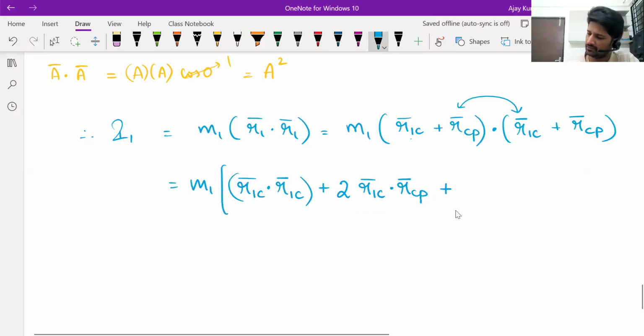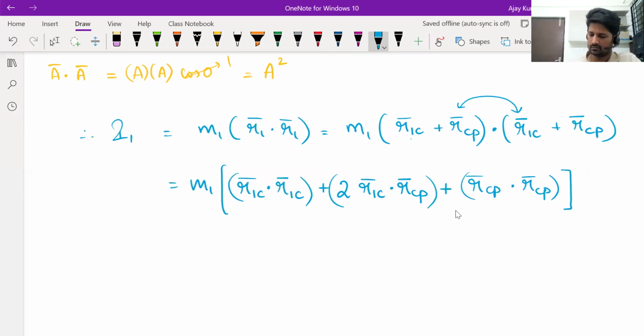Plus the last term will be rcp dot rcp. This becomes m1 times r1c dot r1c, which is r1c squared. It's like a dot a is a square, no? r1c dot r1c is r1c squared.